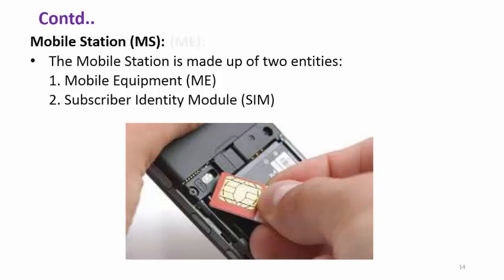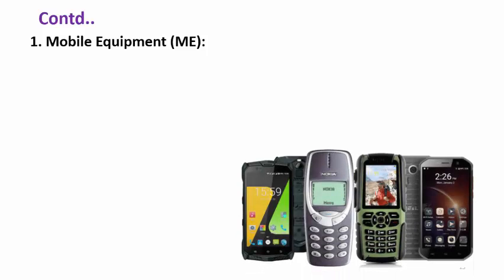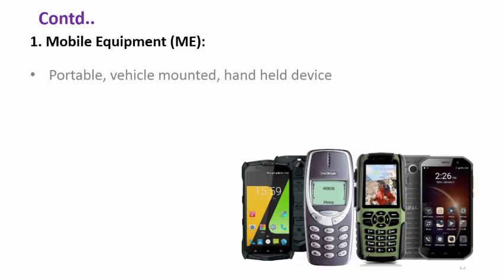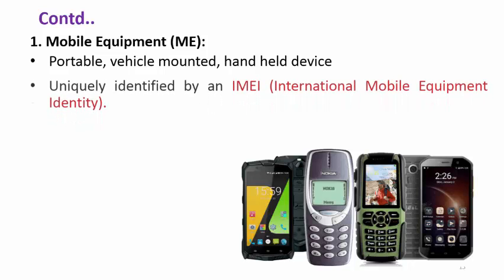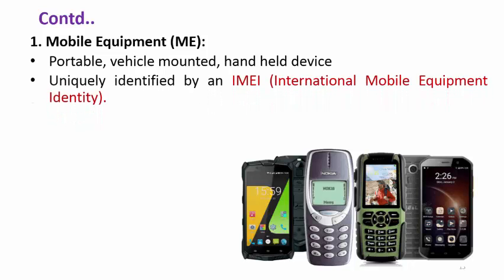About the mobile station or mobile phone, we know very well the mobile station is made up of two entities, that is mobile equipment and subscriber identity module, that is SIM card. Mobile equipment is a portable, vehicle mounted or handheld device, uniquely identified by an IMEI number.